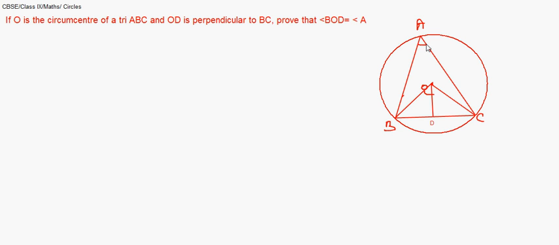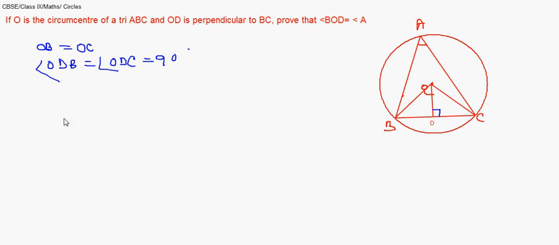Now to do so, we know that OB is equal to OC. They are the radii of the circumcircle. It will also make angle ODB equal to angle ODC. They are perpendicular, thereby making these two both 90 degrees.